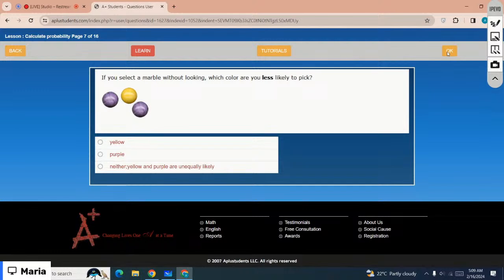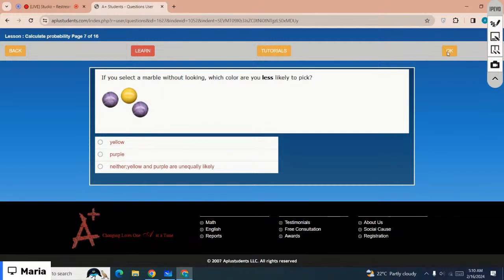Okay, the next one is: if you select a marble without looking, which color are you less likely to pick? Which is the correct option? Yes, the yellow one, because you have only one marble that is yellow, so you are less likely to pick the yellow one.